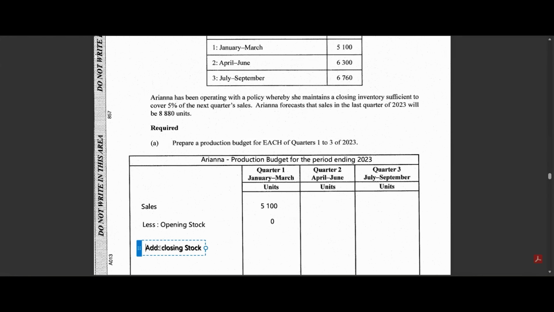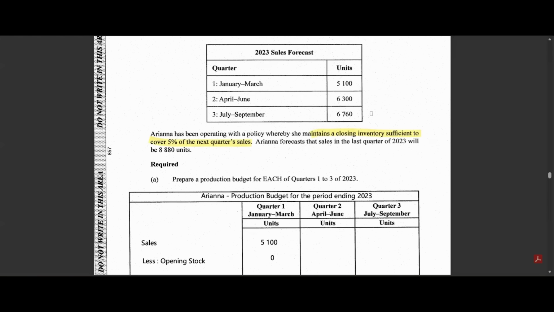Now, what was the closing stock value in the first quarter? Well, that's where this little note comes in. She maintains a closing stock sufficient to cover 5% of the next quarter's sales. So 5% of the next quarter, April to June, 6,300. She will have to maintain 5% of this as the closing stock in the first quarter, guys.